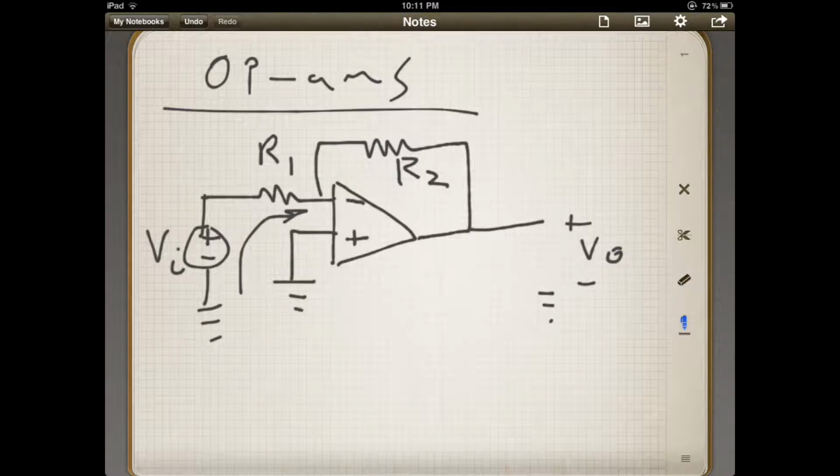Now a cool thing about op amps, a rule of thumb to remember, is that on their inputs, the current that's flowing into your inputs is, in an ideal sense, zero. It isn't zero, but it's very, very close.